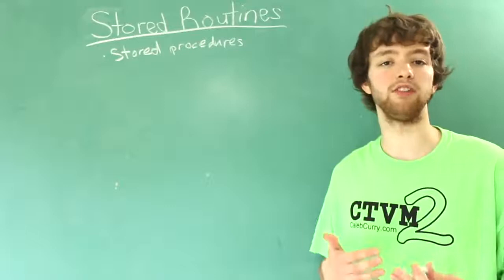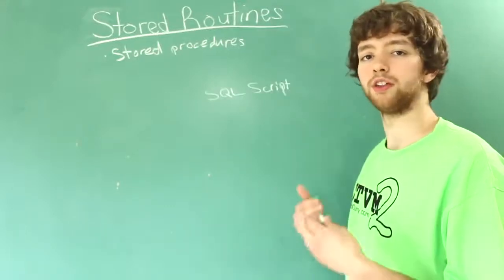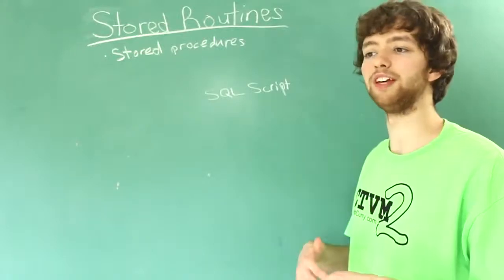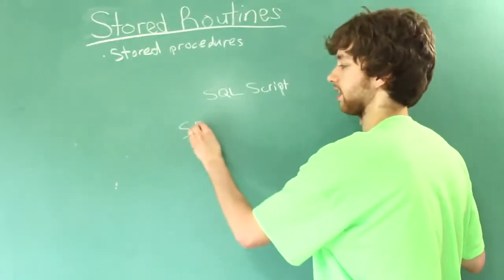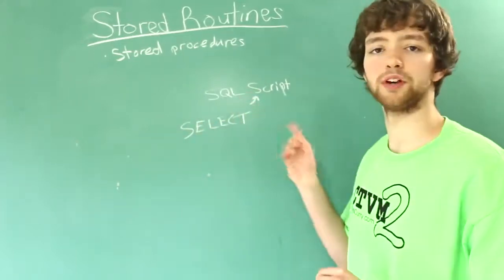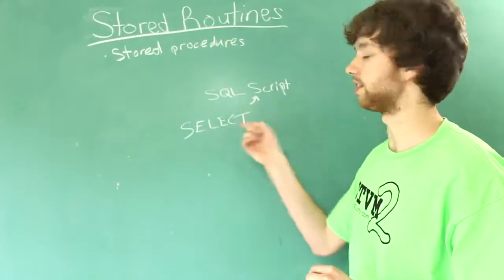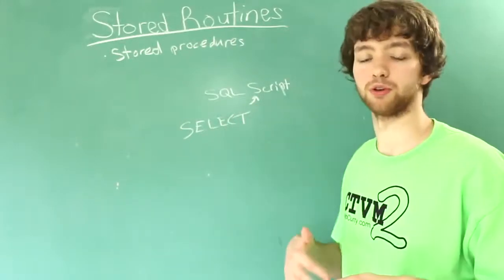One way is saving SQL scripts. An SQL script is just a file that you can run, and it's going to give back your result. So we could make an in-depth select statement and then save it as an SQL script, and any time we need to run this command again, all we have to do is find that file and run it, and we get the results that we need.